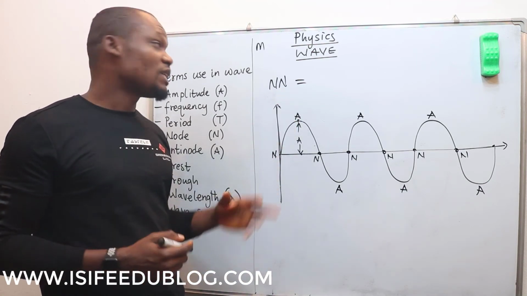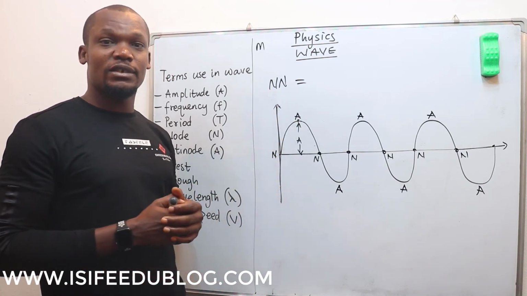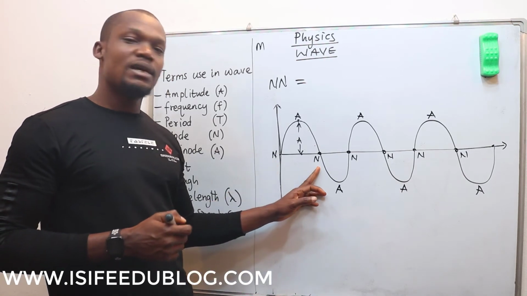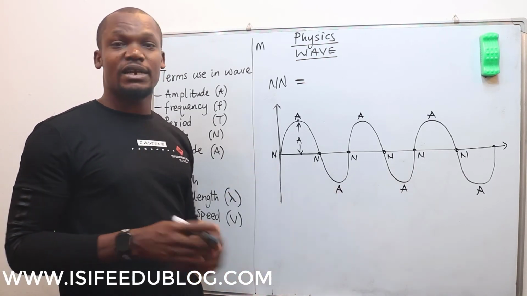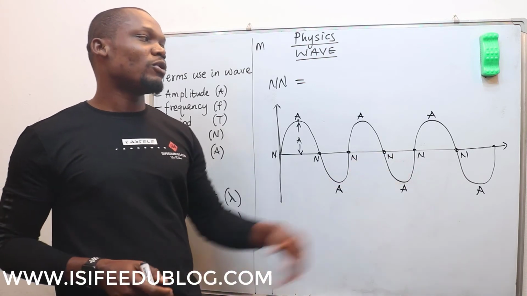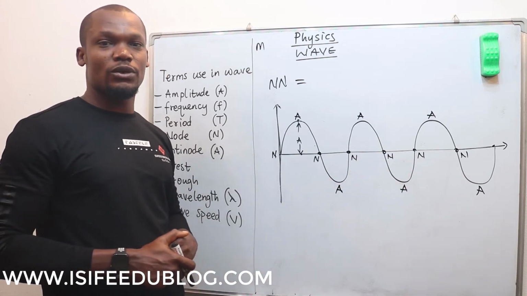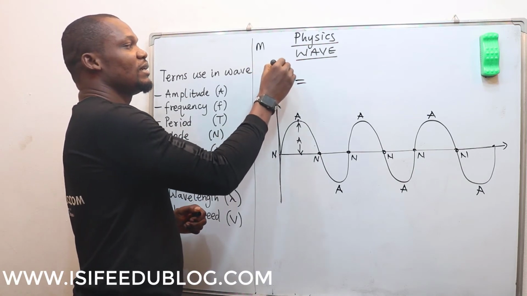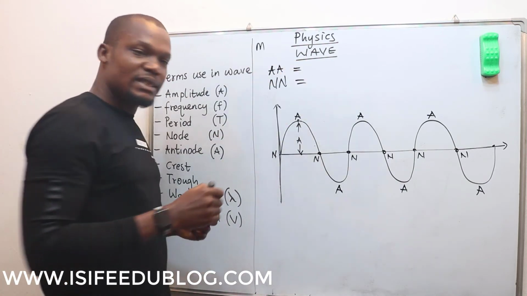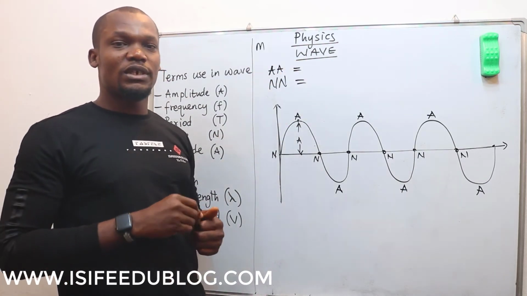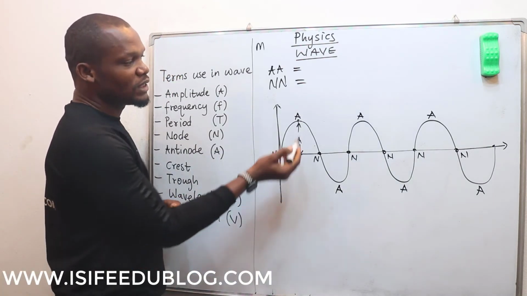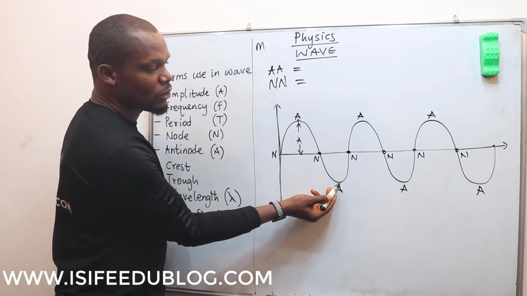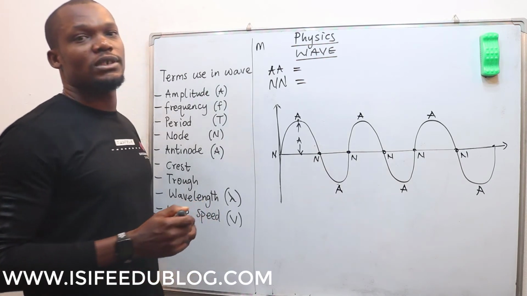Some students make the mistake of calling it only one N. So from here to here is NN, and from here to here is another NN. This will help us in subsequent calculations we are going to do in wave. And then AA is the distance between two consecutive antinodes, which means from this point to this point, or from this point to this point.